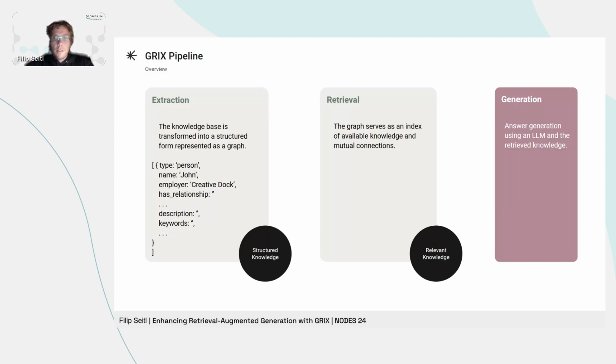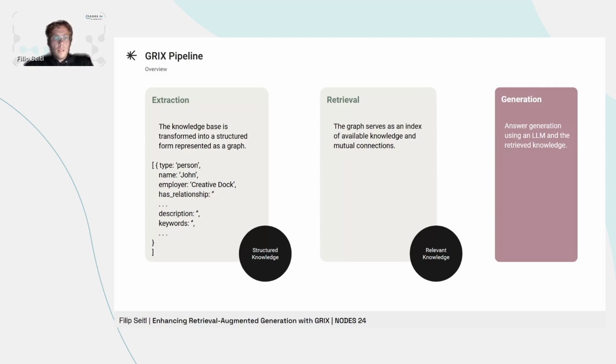The generation is the least interesting part, because it's just assuming we retrieved all relevant knowledge to the question. Generation is just about wording using the large language model to give you the proper or nice answer. But in detail, I would like to discuss two former parts, extraction and retrieval.